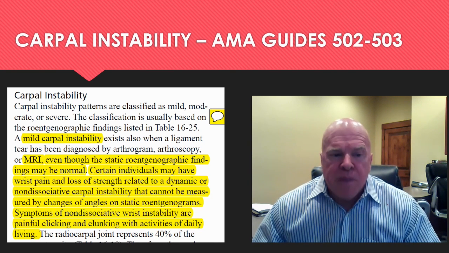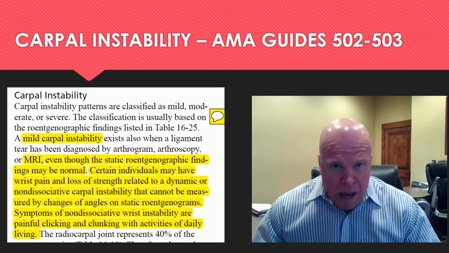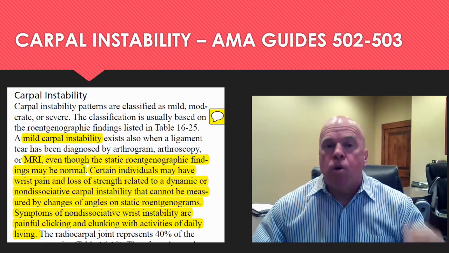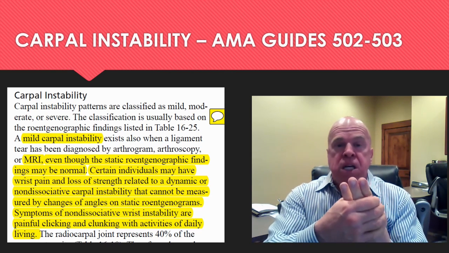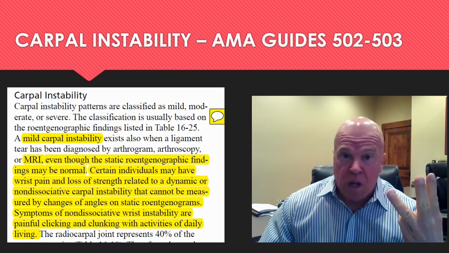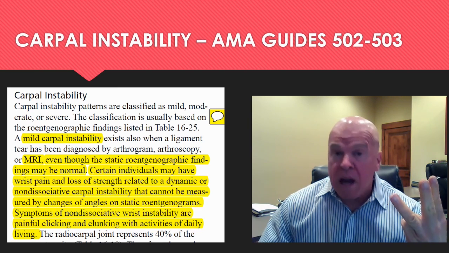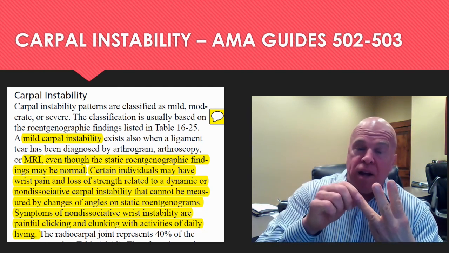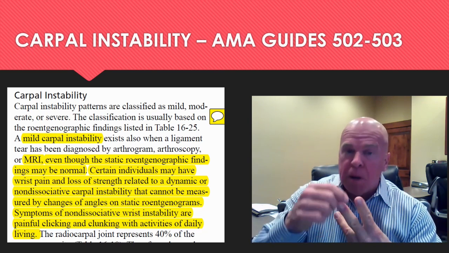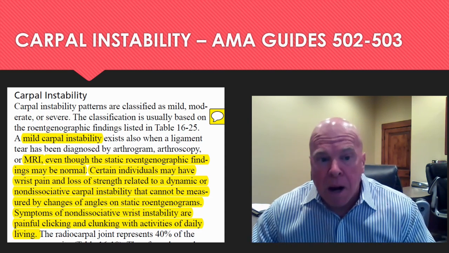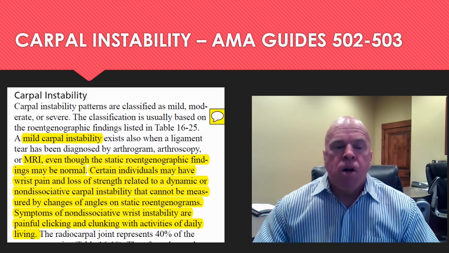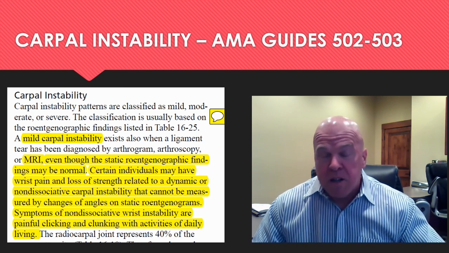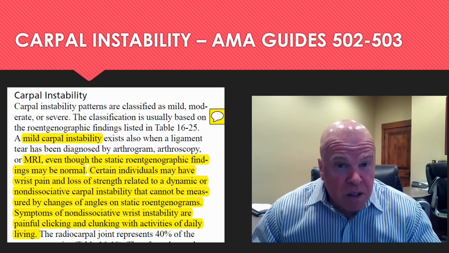They tell us that carpal instability patterns are classified as mild, moderate, or severe. So those are our three classifications. In your examinees who you find permanent impairment for carpal instability, they'll either have a mild impairment, a moderate impairment, or a severe impairment. Now, the classification is usually, which means not always.